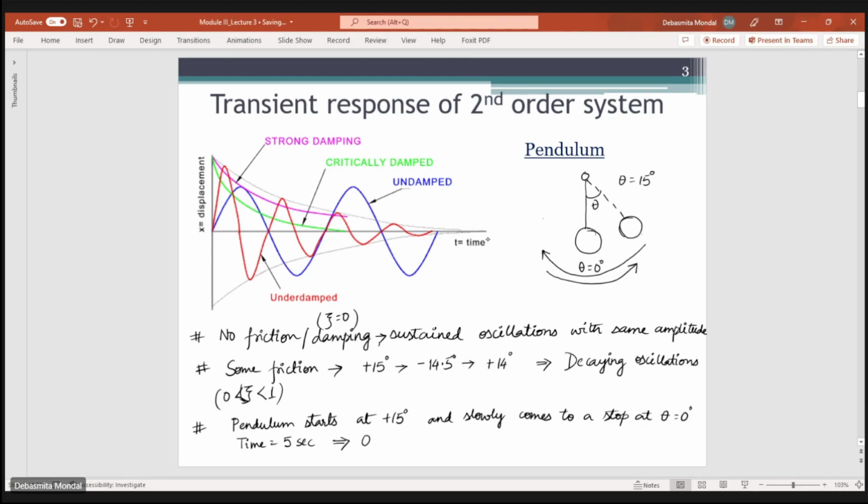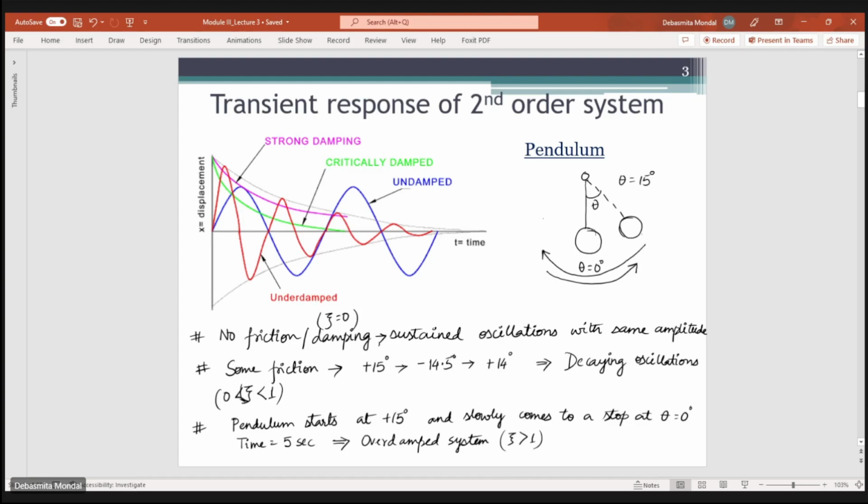So this is an overdamped system where the value of zeta is greater than 1. In case of an overdamped system, you do not have any oscillation. The output will just slowly decay and reach the steady state value.